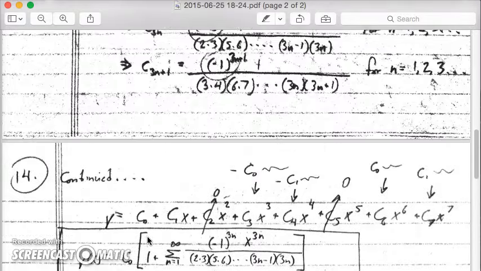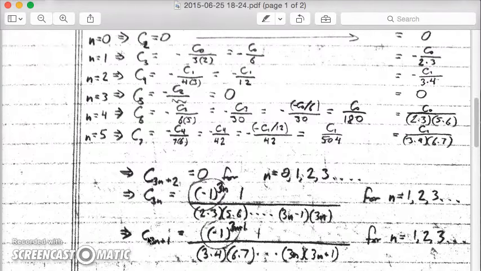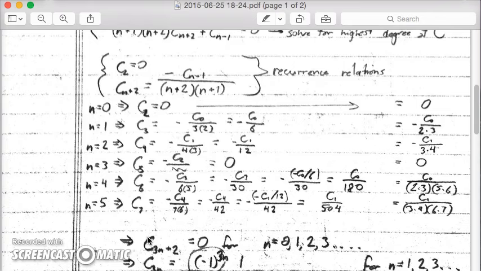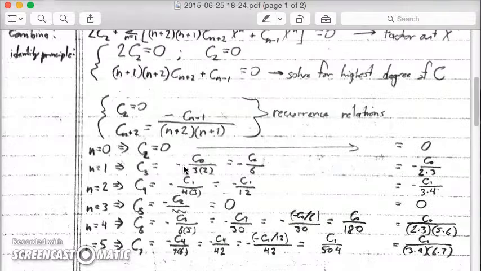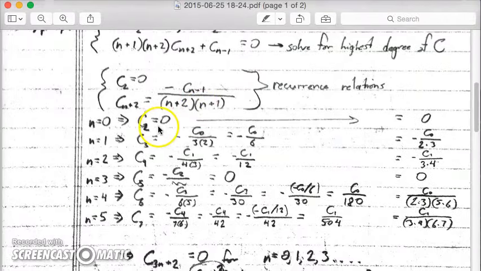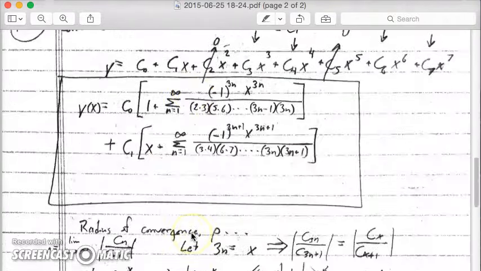Nowhere in our recurrence relations did we see either of those explicit constants, really. We were just exposed to Cn minus 1 as well as Cn plus 2.